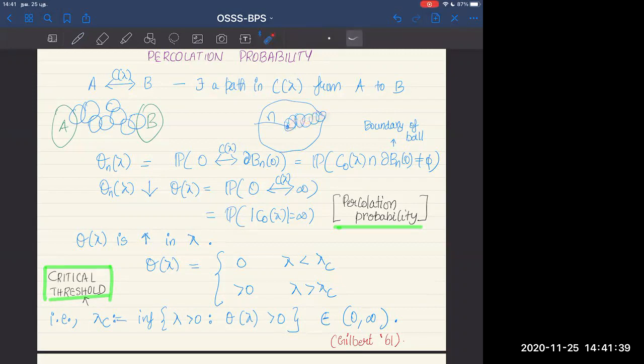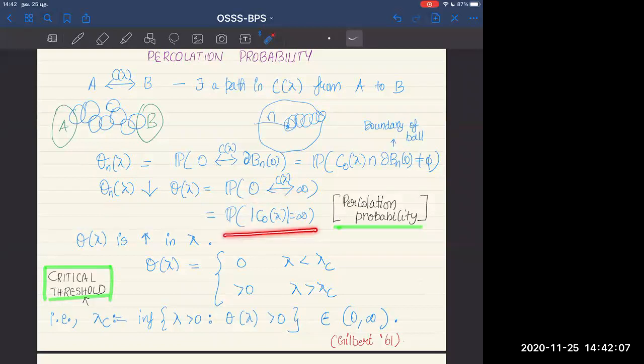You can write it in a different way: the component at the origin intersects the boundary of the ball. This is theta n of lambda. As n increases, this is decreasing, so it converges to theta of lambda, which is the probability that there is an unbounded path from the origin.